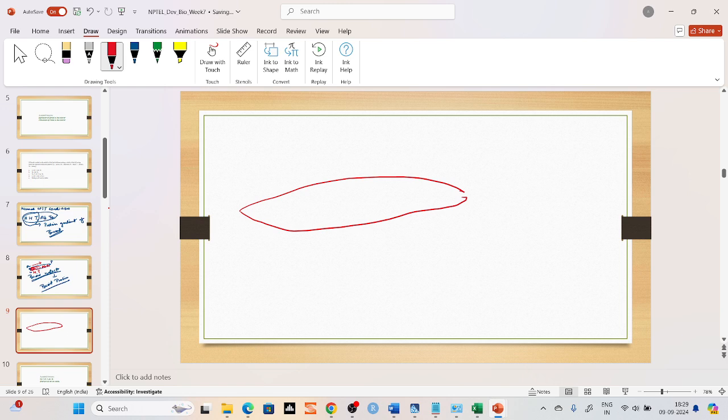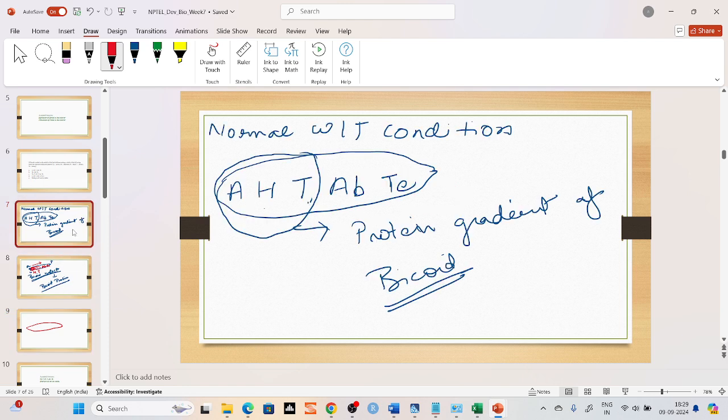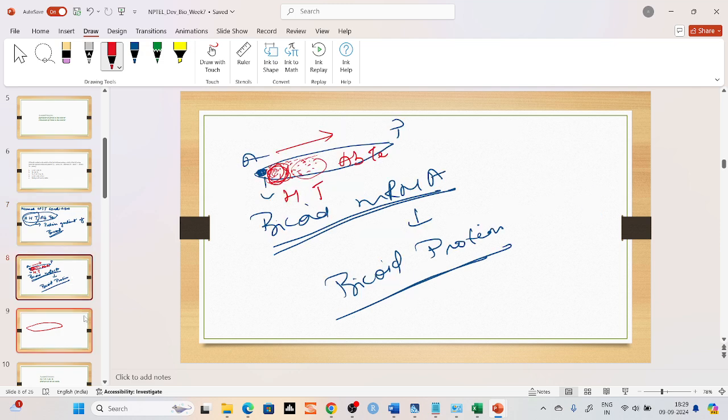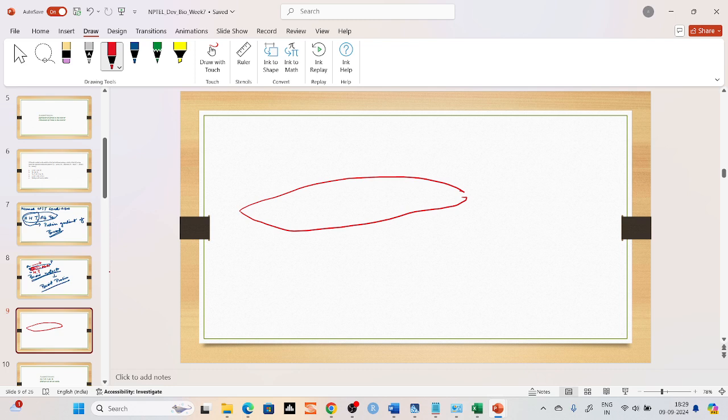Because there is no bicoid, both the regions will work as the posterior side. If you're getting confused, in the posterior end is your telson, because it does not have bicoid. Here also there is telson. That means there are two tails.